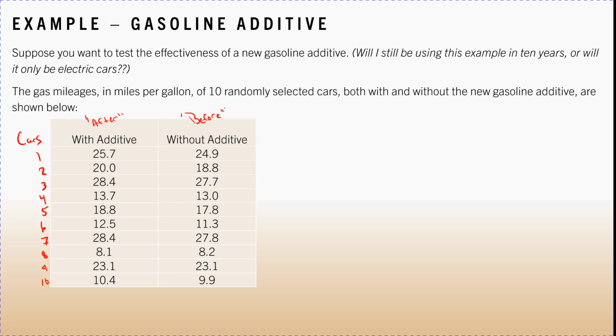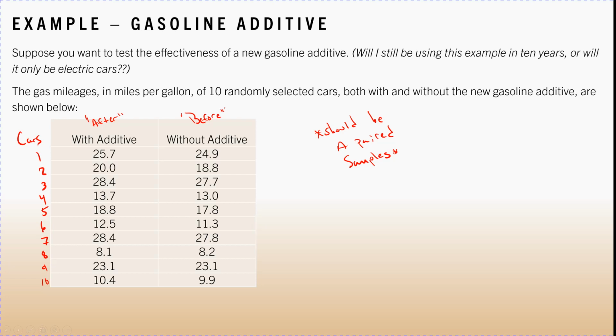So right off the bat, you can see this is paired. If you want to test whether adding the additive does indeed increase the miles per gallon on average, you should run this as a paired sample test. But let's see what happens if you do it both ways and see if you make different conclusions.